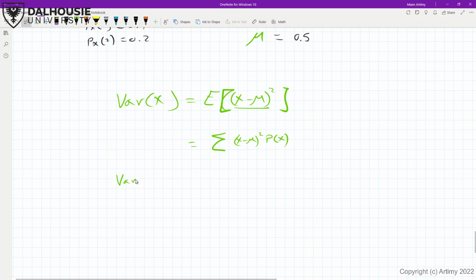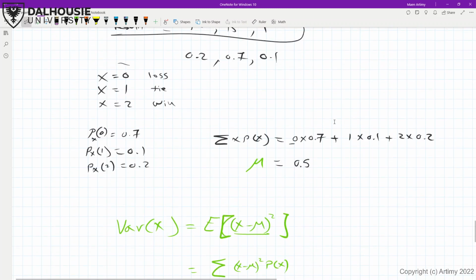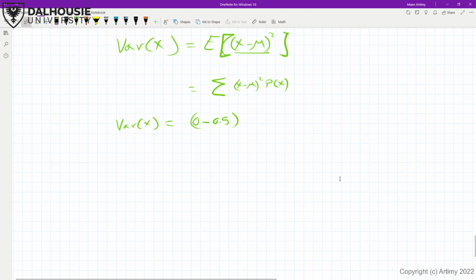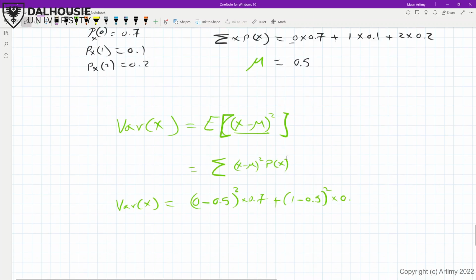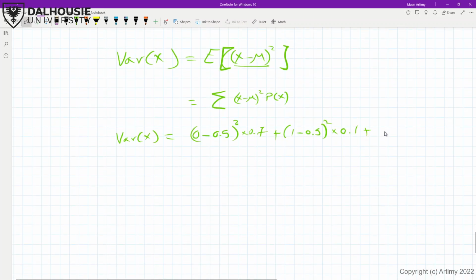Okay, so Var X here is, let's take the first value, which is 0 minus mu, 0.5, squared, multiplied by the probability of losing here, which is 0.7, plus, don't forget the square, (1 minus 0.5) squared multiplied by the tie, which is 0.1, and (2 minus 0.5) squared multiplied by 0.2.